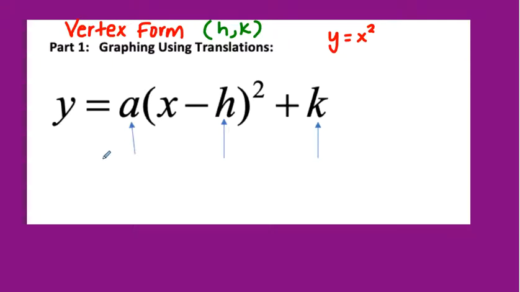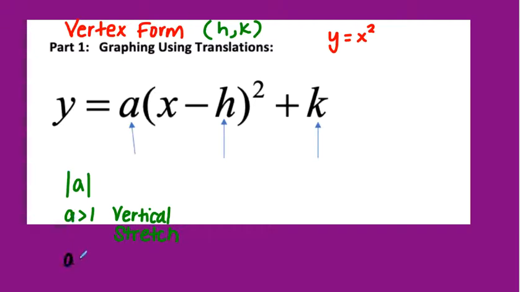All right, so a does one of two things. So the absolute value of a, if we just look at the number regardless of the sign, if a is greater than 1, then it's a vertical stretch. That means it gets narrower, gets pulled closer to the y-axis. That's what you guys figured out today.